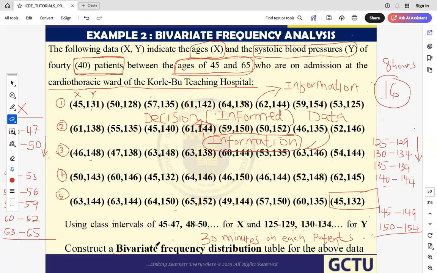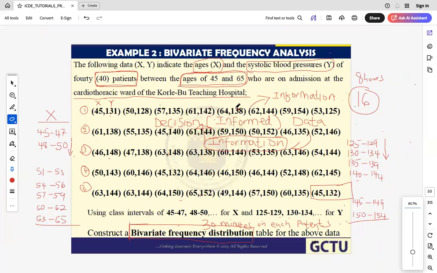And that technique is called the bivariate frequency distribution. We want to now apply the bivariate frequency distribution. And I said earlier on that the table is made up of 9 areas. So let's see how we can design that table for this question.